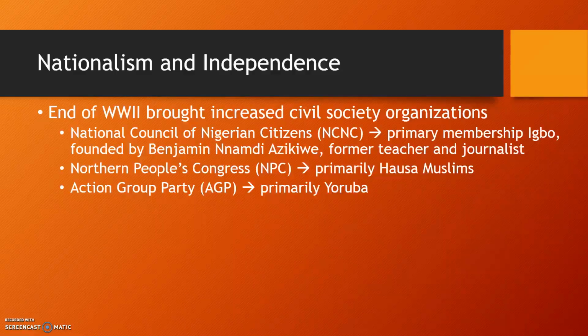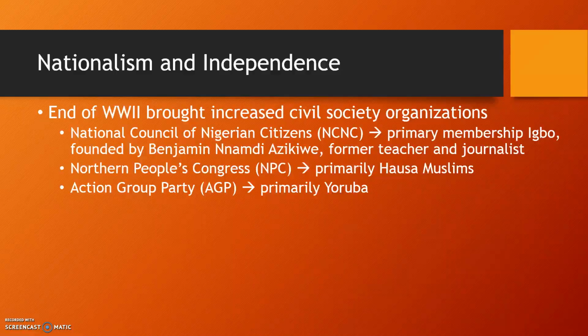So one thing that we see after World War II is an increase in the number of civil society organizations. Britain, to give them credit with regards to Nigeria, does not prohibit the formation of political parties. So you have the National Council of Nigerian Citizens, the NCNC, develop. Initially, this organization is founded by Nnamdi Azikiwe, who was educated in the United States and has a PhD.